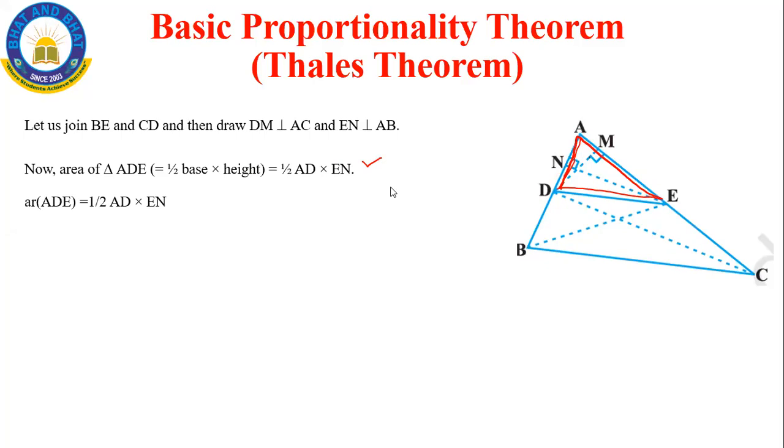Any doubts still here, students? Is it clear to all of you? How is the area of a triangle formula written?